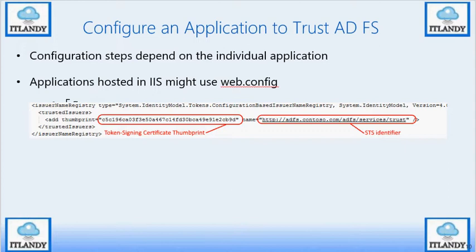I've done some work recently where some applications, like Java, Angular, JavaScript, if you host them in Azure, can sit on top of IIS, which means you can add that web.config and do a redirection to a page, and you can configure these settings as well. So it doesn't always need to be web.config.